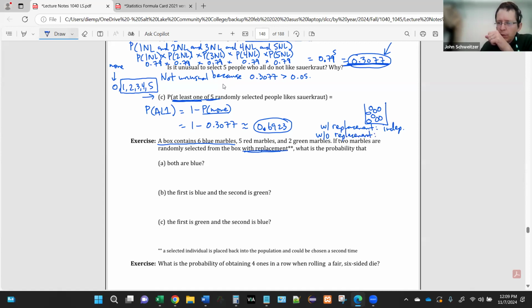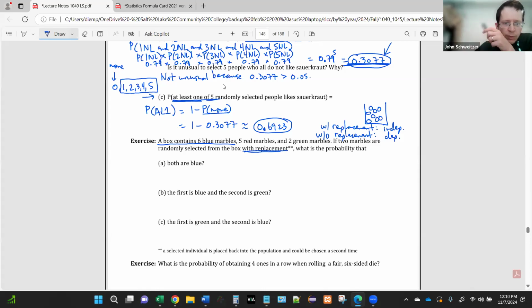If we don't have replacement, then the events are dependent. If you take the first marble out and it's blue and you put it aside, then when you reach back in, getting blue on the first one really does change the probability of getting blue on the second one, because you didn't put the first one back. So with replacement, independence; without replacement, dependence typically.